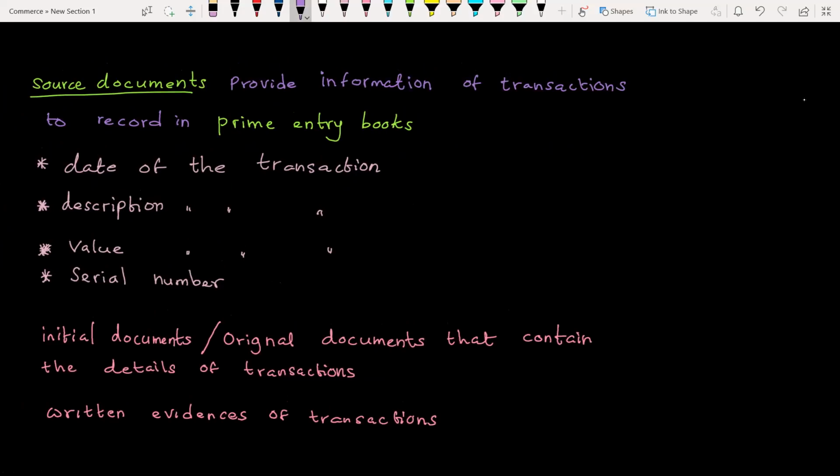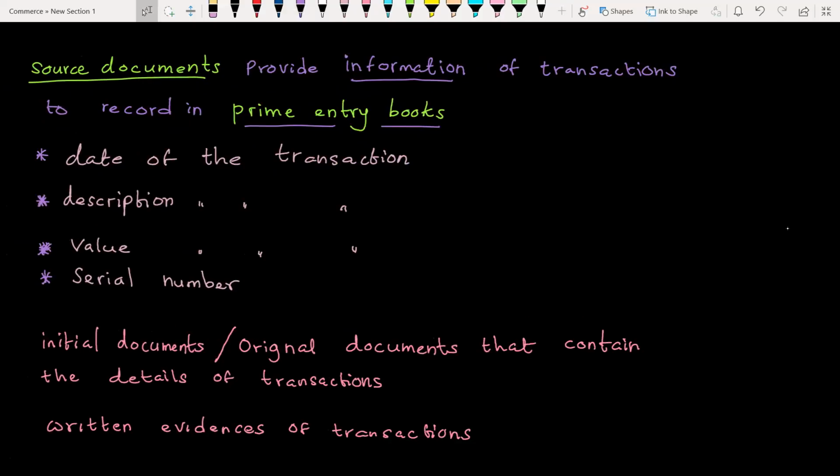So remember, source documents provide information of transactions to record in prime entry books. Moreover, these are initial documents or original documents that contain the details of transactions.